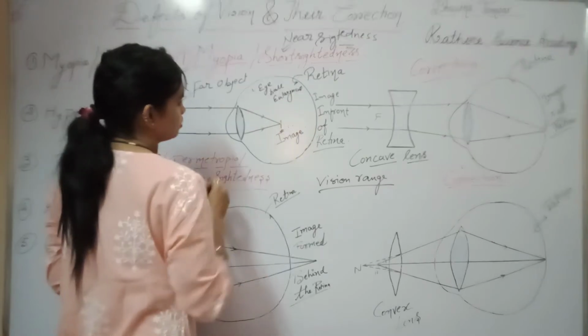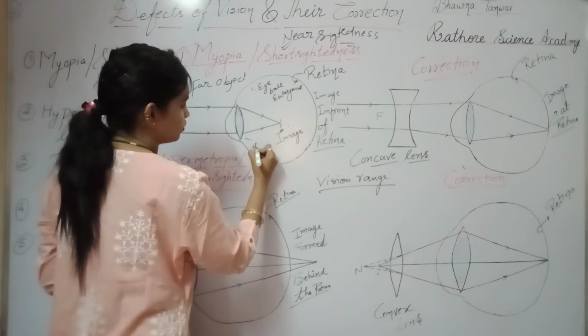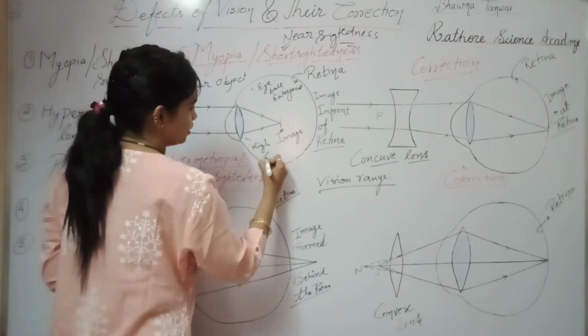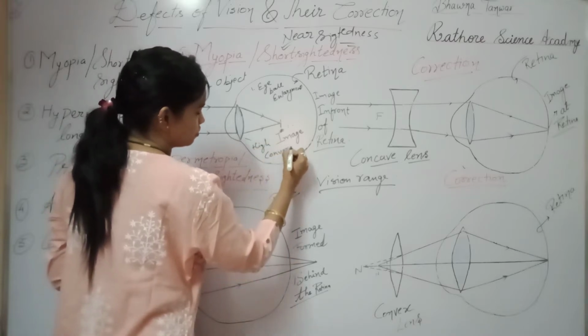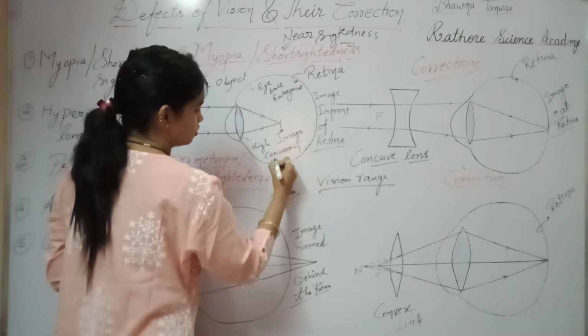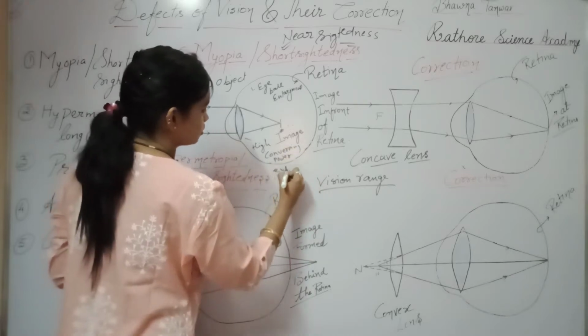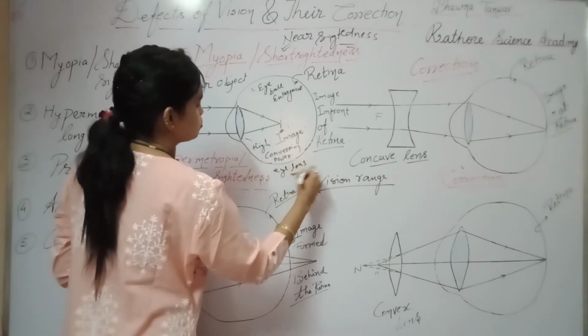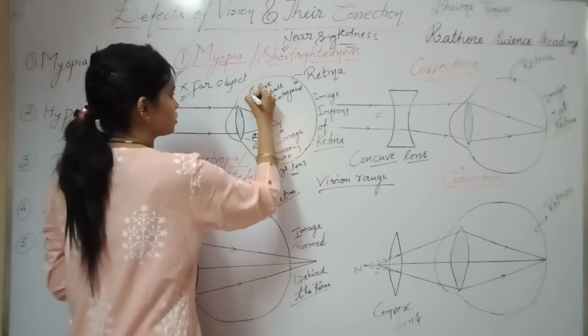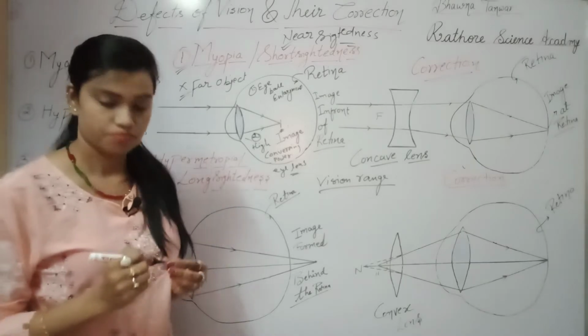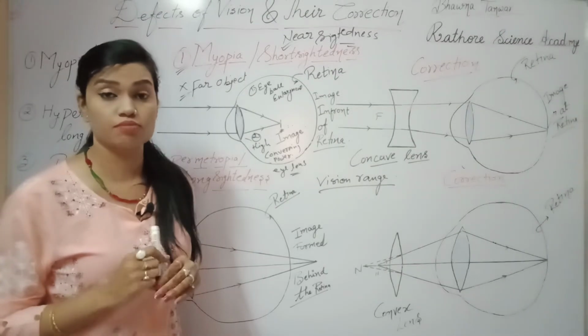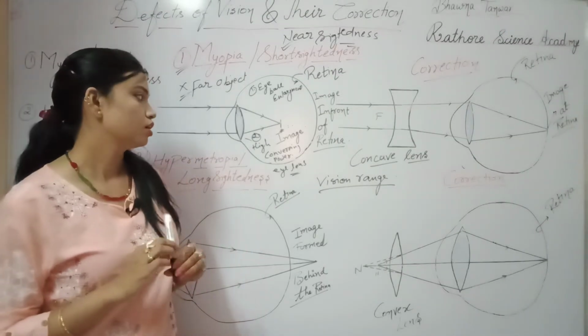Second, high converging power of the eye lens. These two reasons you have to remember, because of them the person suffers from myopia, right?